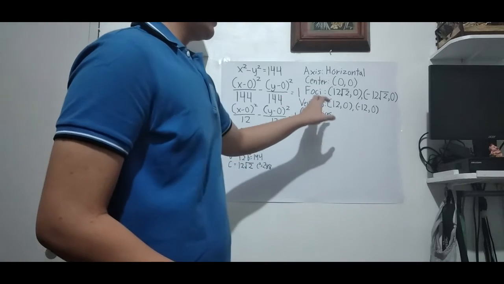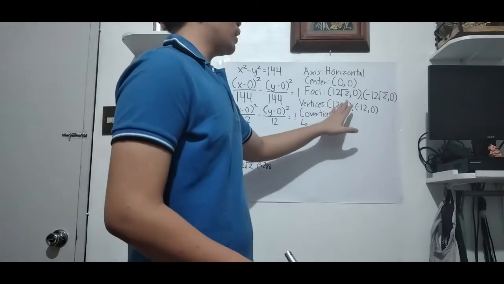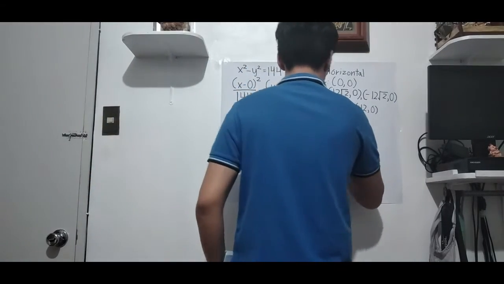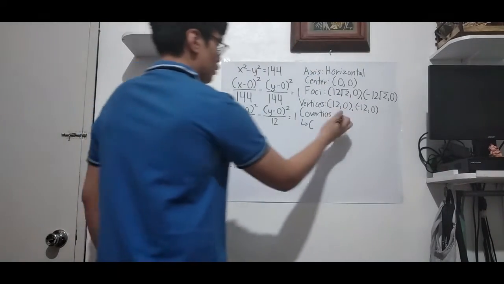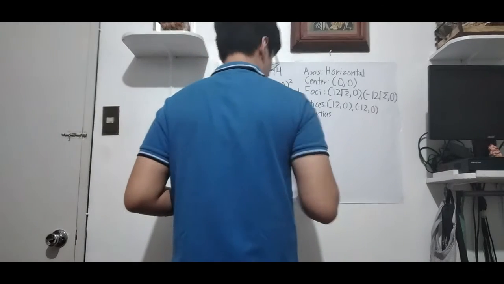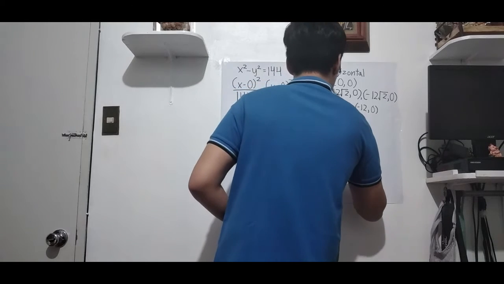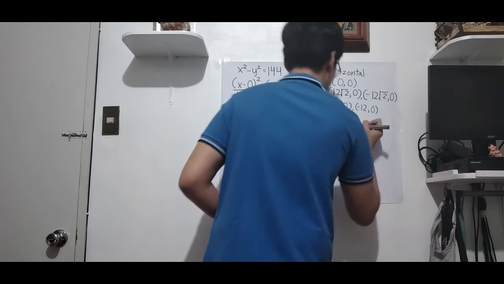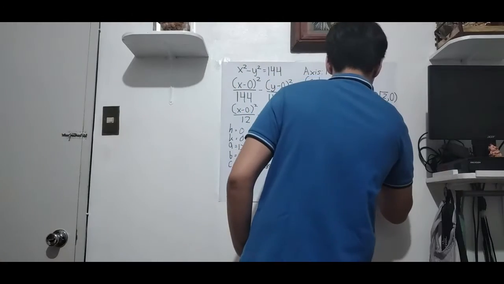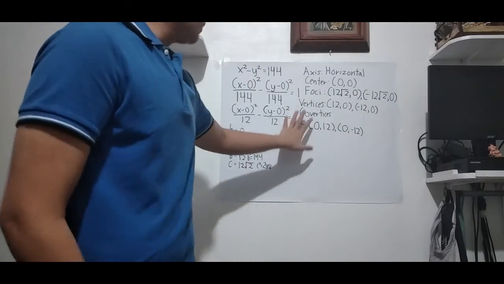So the coordinate that will change in the co-vertices would be the y coordinate this time. So we would just write the x coordinate, which is 0. Then write first the positive, 12, and then the x coordinate again, then this would be negative 12. There. So these are the co-vertices.